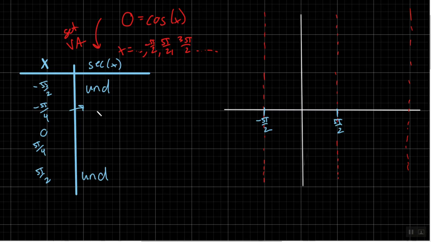Go to negative pi fourths. Negative pi fourths is the same as 7 pi fourths. I'm just going to go clockwise when I'm doing my unit circle. So, Declan, if I'm at 7 pi fourths, what is cosine at 7 pi fourths?